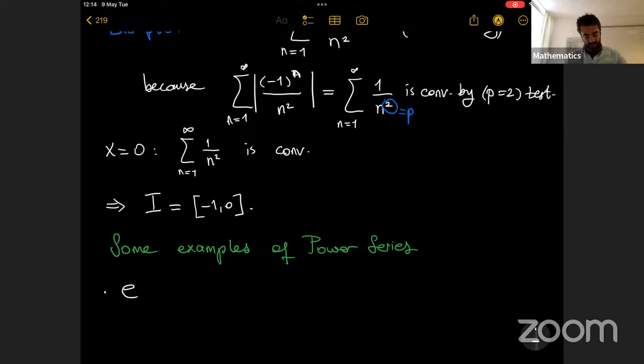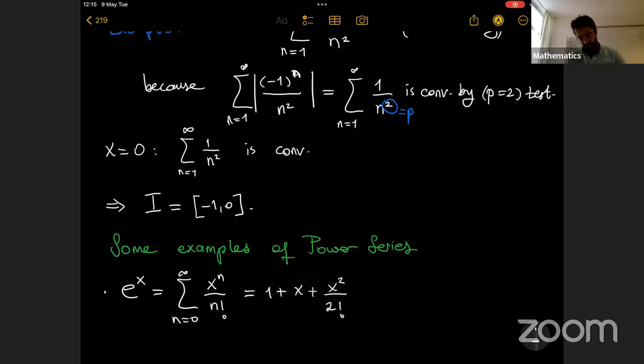The exponential function e to the x, remember it was the sum of x to the n over n factorial, n from 0 to infinity. That means it is basically 1 plus x plus x squared over 2 factorial, which is 2, x cubed over 3 factorial, and so on.